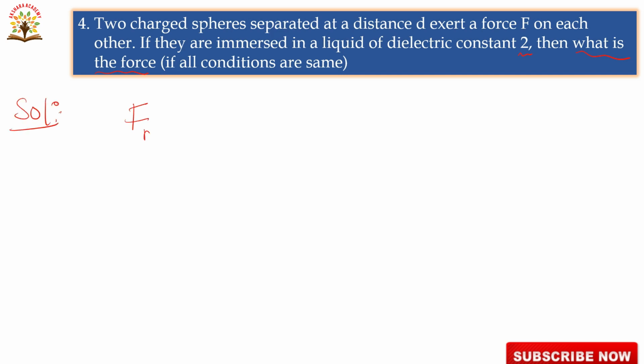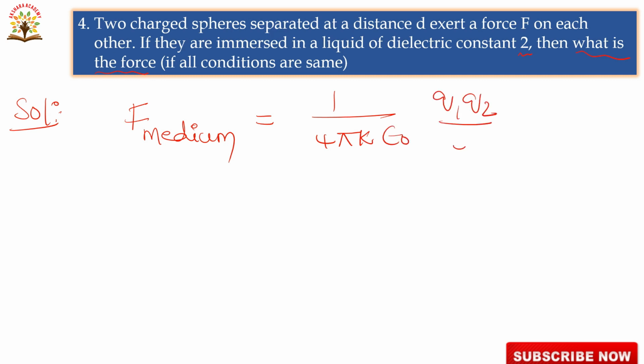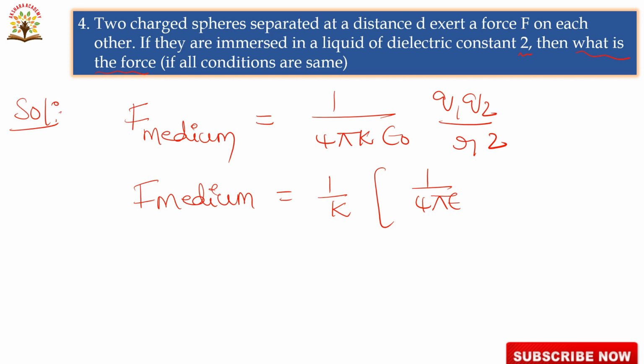F medium is equal to 1 by 4 pi k epsilon q1 q2 by r square, and this can be written as 1 by k taking out, so 1 by k of (1 by 4 pi epsilon naught q1 q2 by r square).